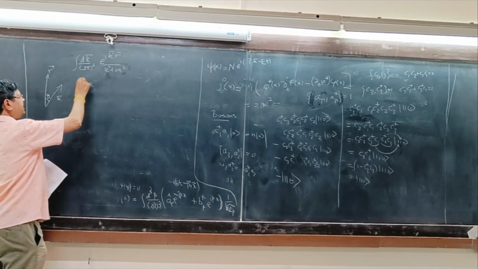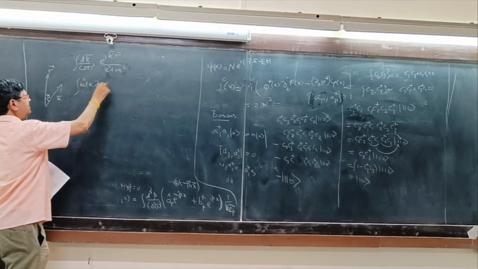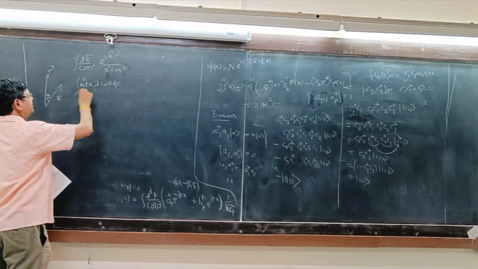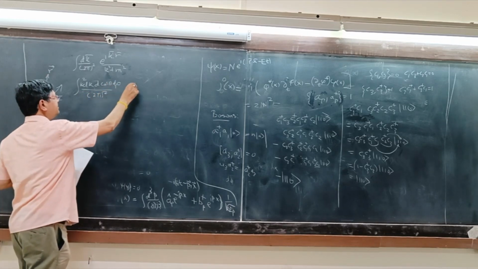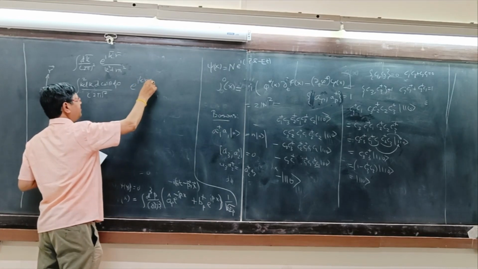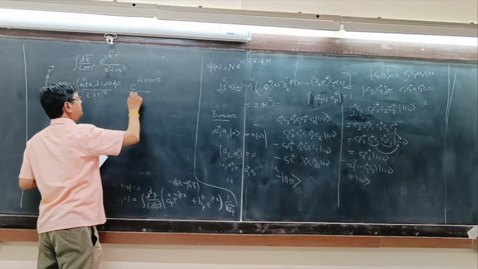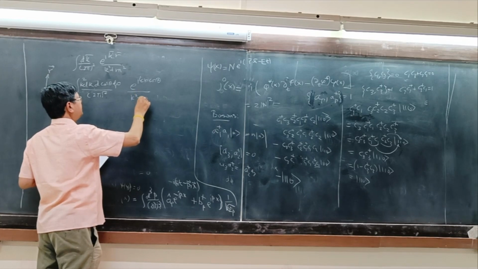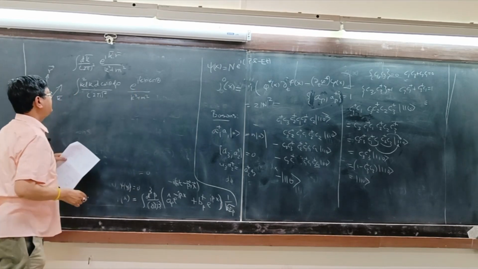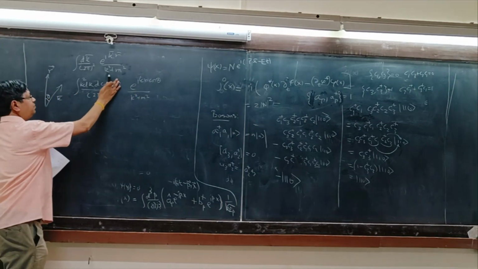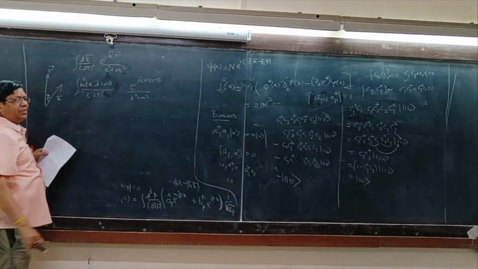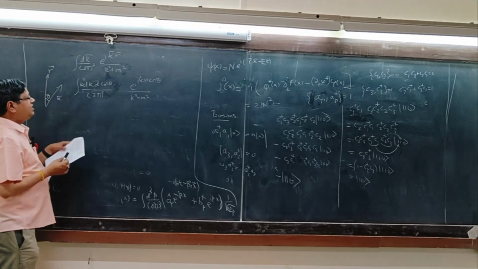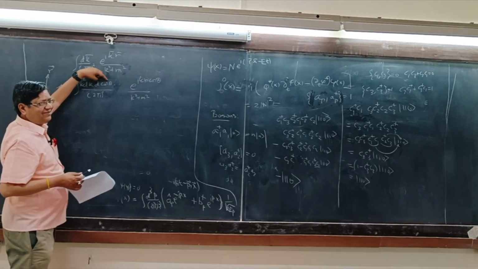So you write this as dk k squared d cos theta d phi over 2 pi squared, and this written as e to the power i k r cos theta. So the d phi integral gives you 2 pi. It's not a function of phi, so this is gone.